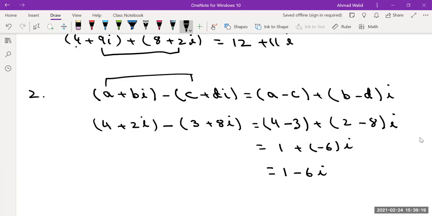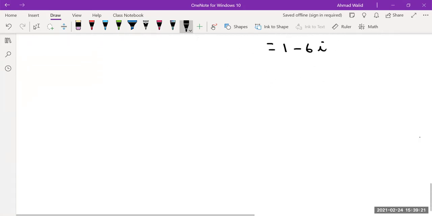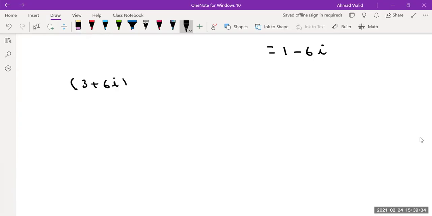But again, there is an easier way, which I like, which I always use. I don't want to follow these rules and make a problem long for me. There is another easy way. 3 plus 6i minus, let's say, 4 plus 9i.